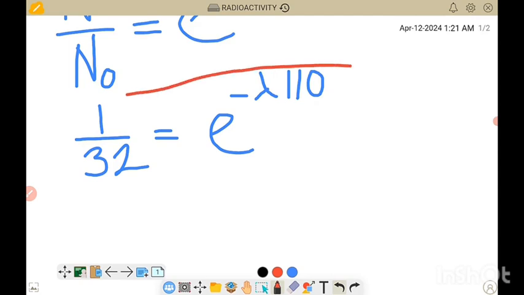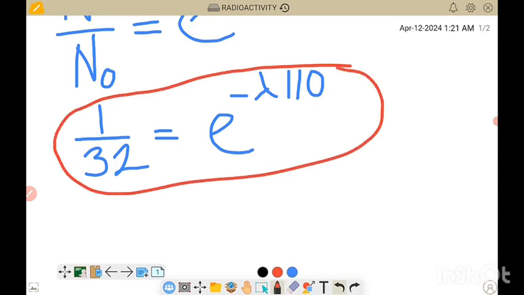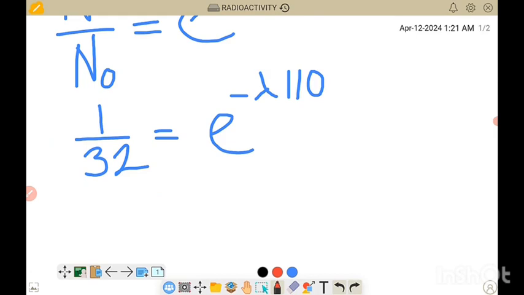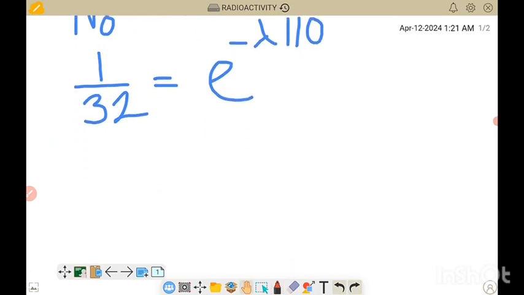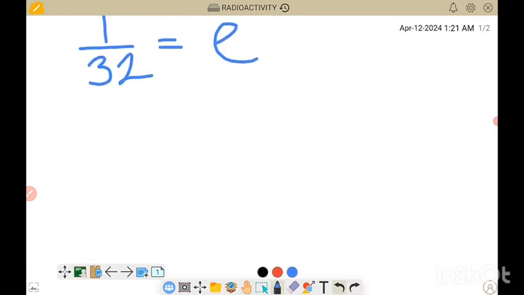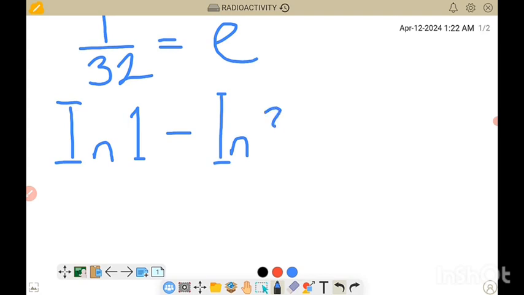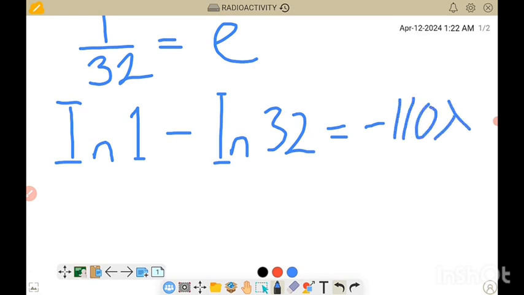We are looking for lambda, and mathematically when you have an equation in this form, you can easily resolve it to something that appears like this. You can have ln 1 minus ln 32, and that will be equal to minus 110 lambda.